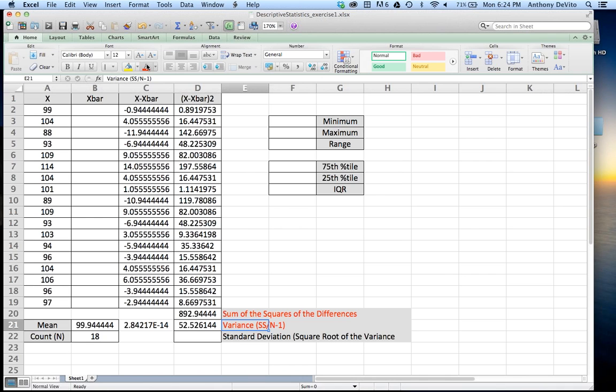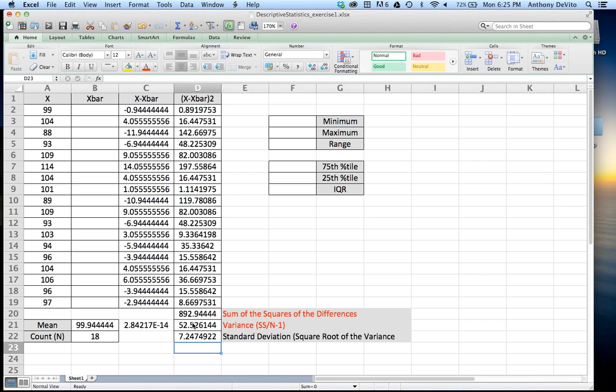Now that number is inflated, because we created it by squaring all the differences. So let's bring that number back into the order of magnitude that the original numbers were in by taking the square root of it. I'm going to click in here and find the square root of the variance. There is a function in Excel called SQRT, parentheses. If I click on the box with the 52, close parentheses, hit enter, it takes the square root of that 52.